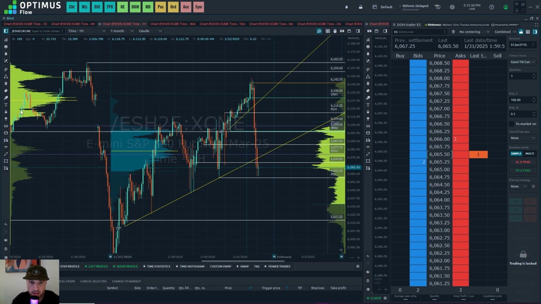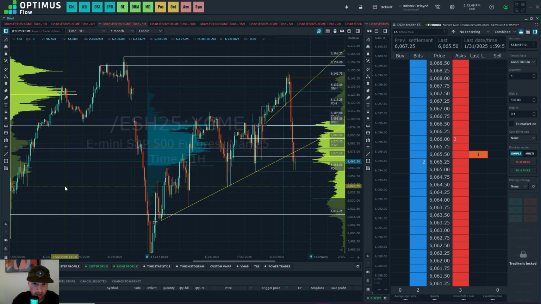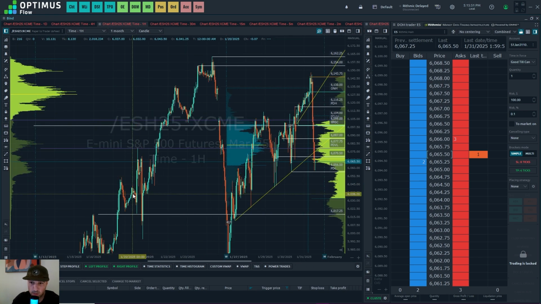So we can see here, this is again last week's volume profile. When price came down, it was establishing volume in certain areas. So again, this is the way up, this is the beginning of the week, and then the way down. So down here, we have some volume.